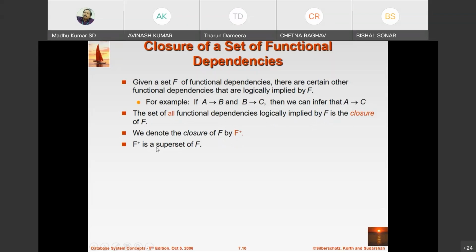F closure is a superset of F. By applying certain rules like transitivity, as mentioned here, A determines B, B determines C, means A determines C. Like that, you have many rules, and using those rules you will be able to derive many additional dependencies. Those derived dependencies, along with the direct dependencies, are called the closure set of functional dependencies, F closure. Okay.